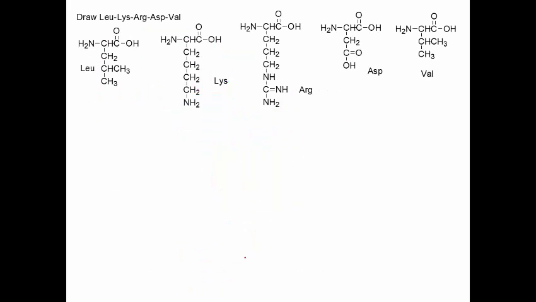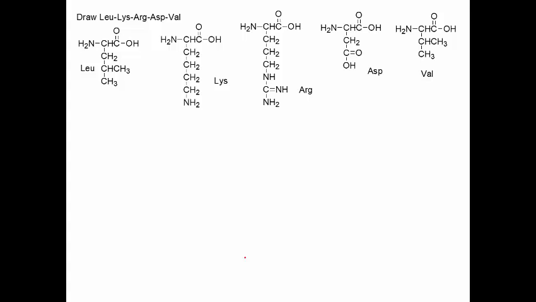Okay? All right, so here's a common type of problem you might see. It'll take you longer to do this, so what you want to do here is pause the video and go ahead and draw this compound. But here I give you the structure of the free amino acids and ask you to draw a pentapeptide that has a sequence leucine, lysine, arginine, aspartic acid, and valine.